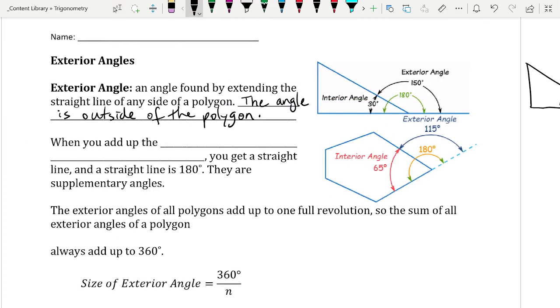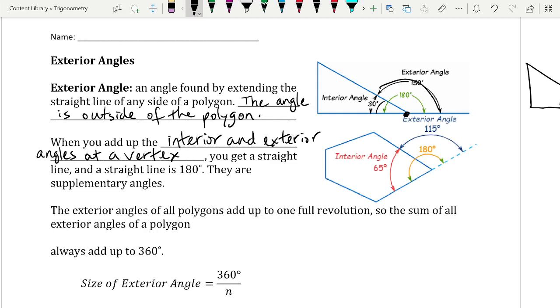When you add up the interior and exterior angles at a vertex, you get a straight line. So here's a vertex. Add the interior to the exterior, and you get 180 degrees.